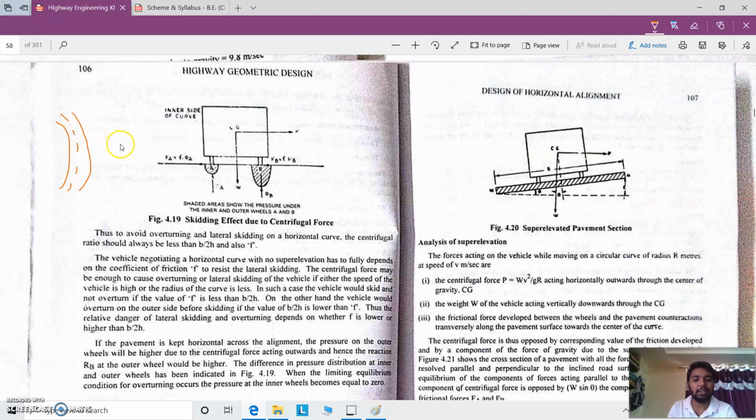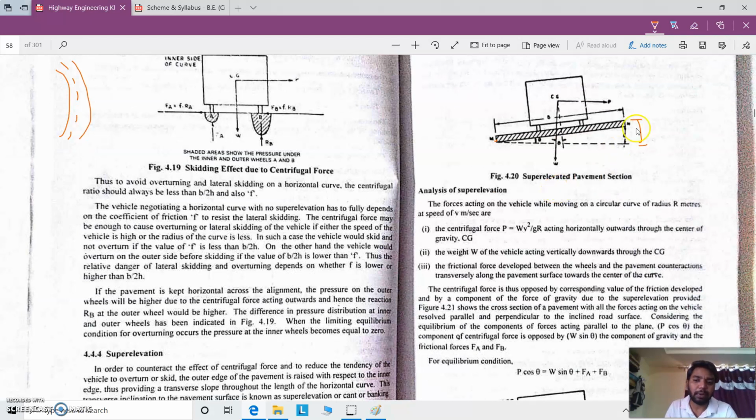Super elevation is nothing but the rise of the outer edge with respect to the center of the road, right? You can see in this image the super elevation provided. Once you provide this, it is considered a super elevation.